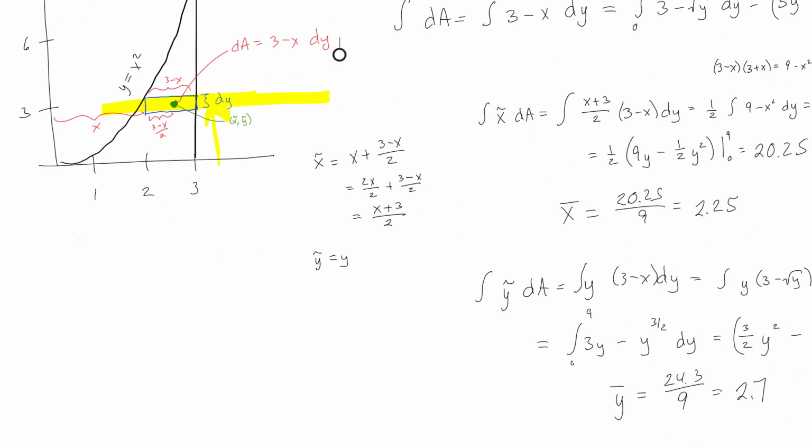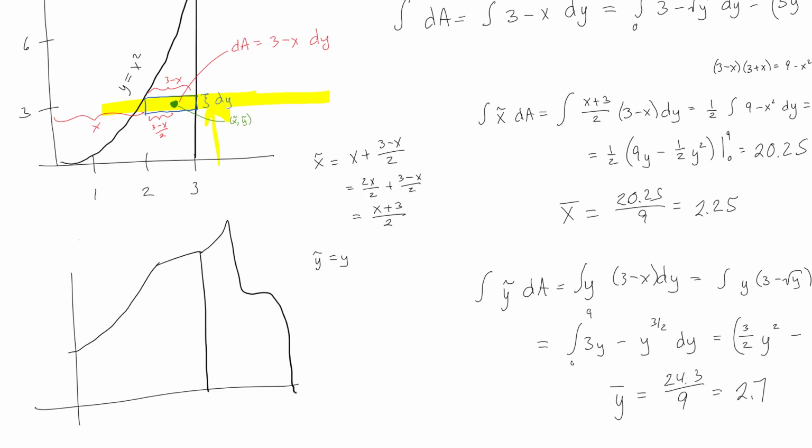And also, quite honestly, there are problems where you have a shape to here, and then you have another kind of shape to here. That's just not a very good example. Maybe you have a parabola here, and then you have another kind of parabola here.